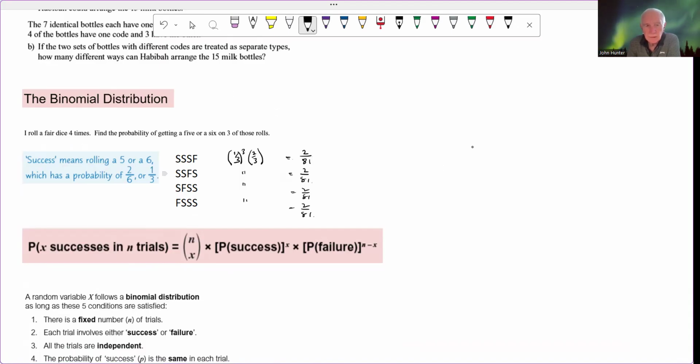We can have success and failure. So what we're actually doing here is, we've got 4 of these. Why has that come about? Well, basically what we've got is 4 factorial divided by 3 factorial times 1 factorial, if we like.